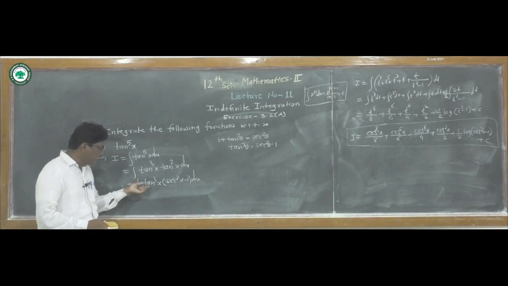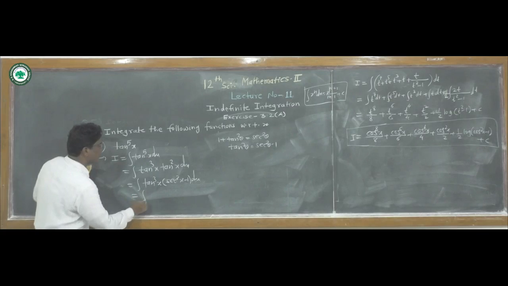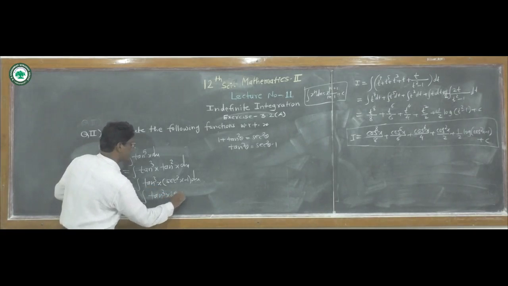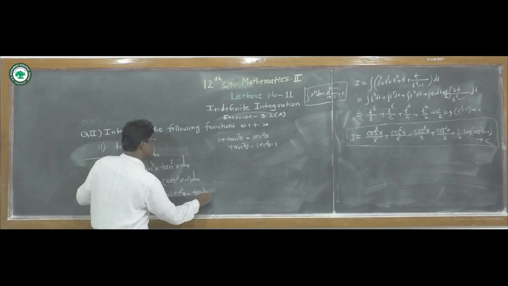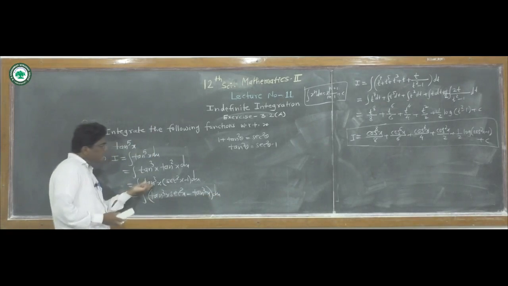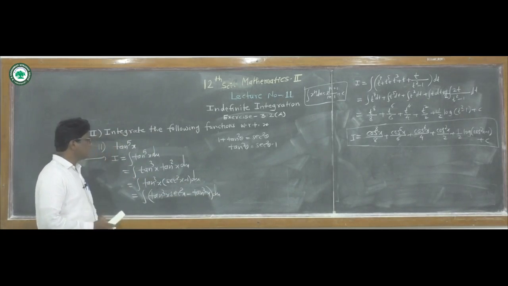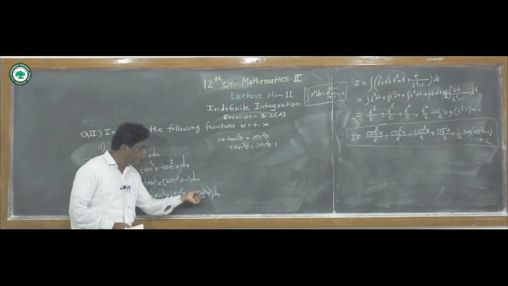And now here multiply by tan cube x inside the bracket. So we get here integration of tan cube x into sec square x minus tan cube x dx. We multiply tan cube x by sec square x and 1 and we get this. Now here it is tan cube x. Again we write here tan cube x as tan x into tan square x.